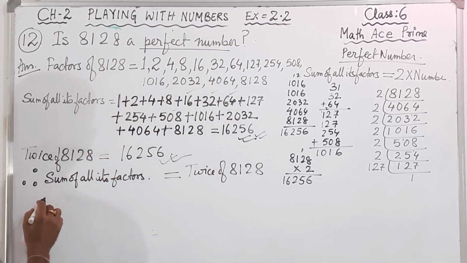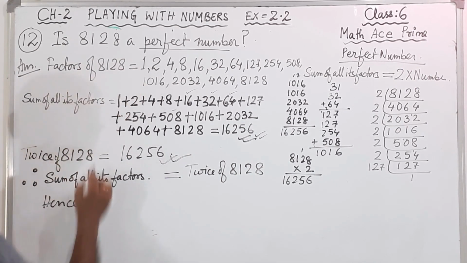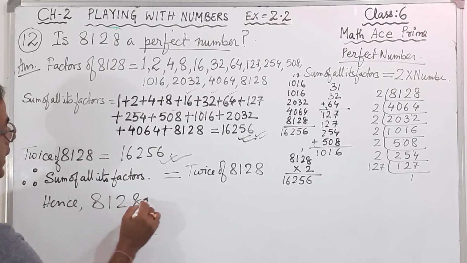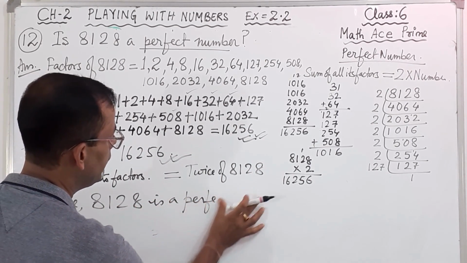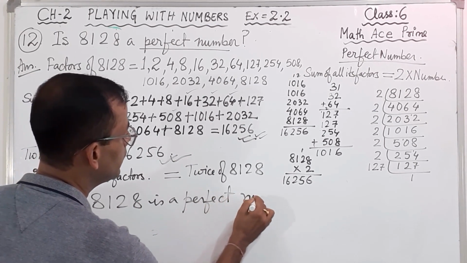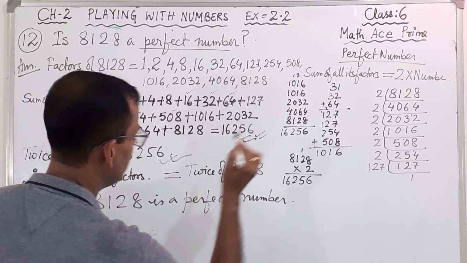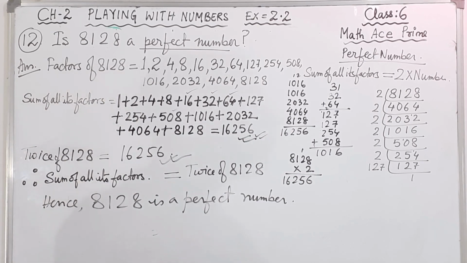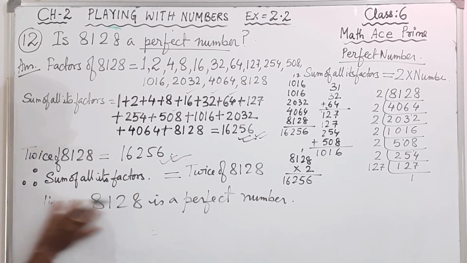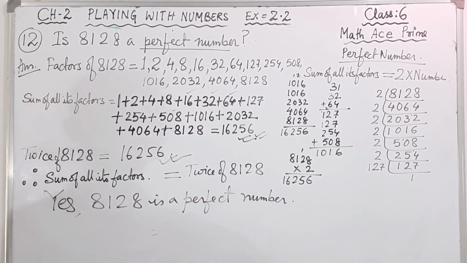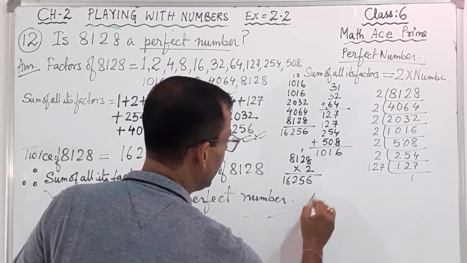Hence, 8128 is a perfect number. So we can say yes, it is a perfect number. You can write: Yes, 8128 is a perfect number. And this is the answer.